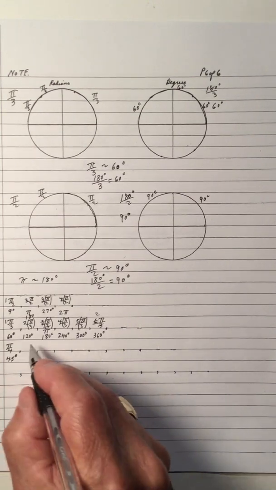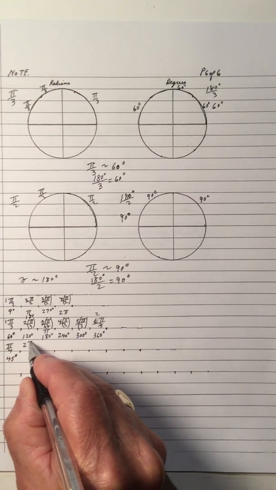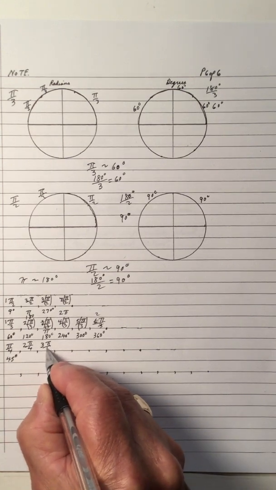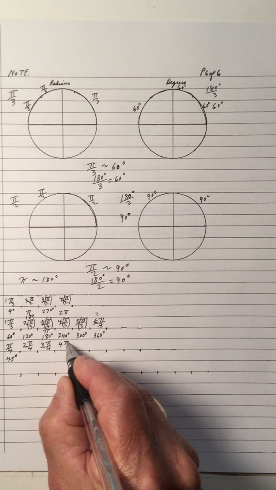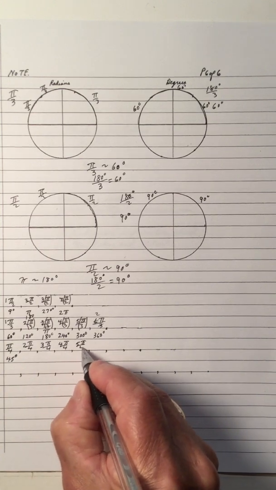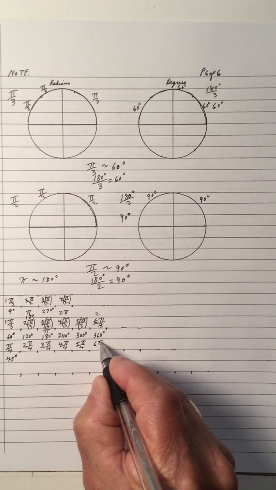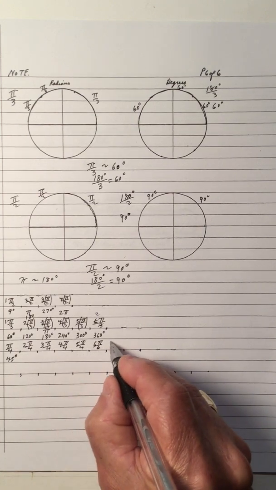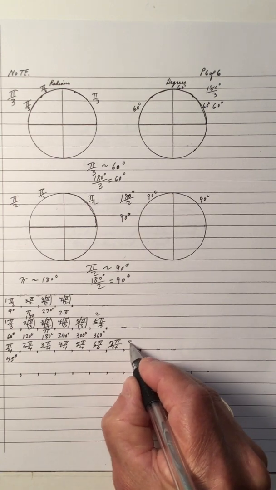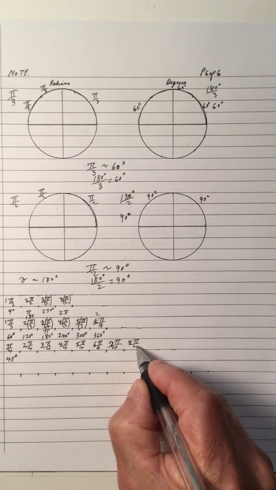45 degrees. So 2 pi over 4, 3 pi over 4, 4 pi over 4. And I notice I'm going on up through 5 pi over 4, 6 pi over 4, 7 pi over 4, 8 pi over 4.